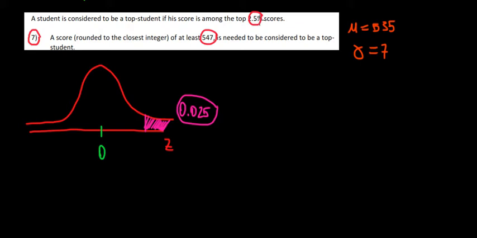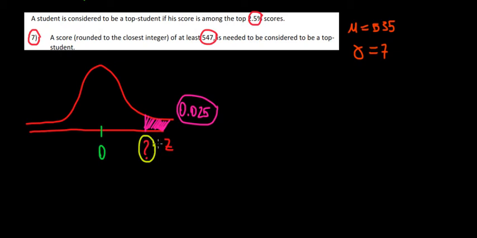But now we don't have the z values, we have the percentages given to us, and because we are in the top percent, the 2.5%, it means that we would be above average.